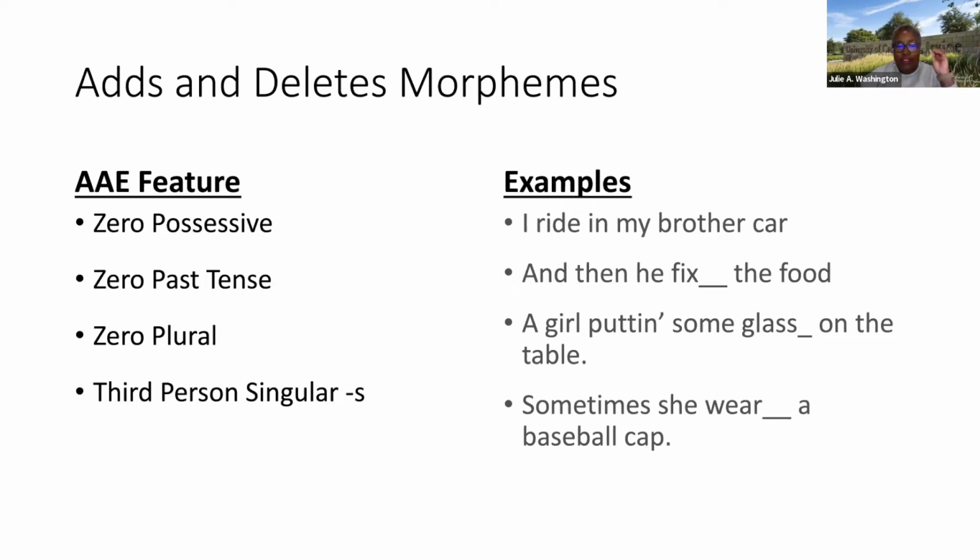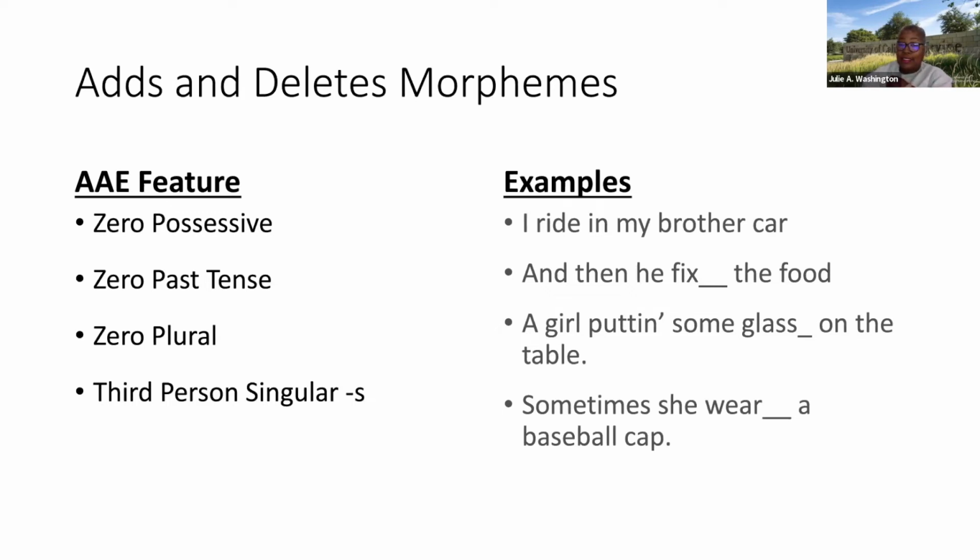The possessive S, the plural S, and the third person singular S may be variably included. We call them zero, but they're not deleted all the time. It depends on the context, the physical context, the discourse context, and the communicative partner, whether you are including them or not.